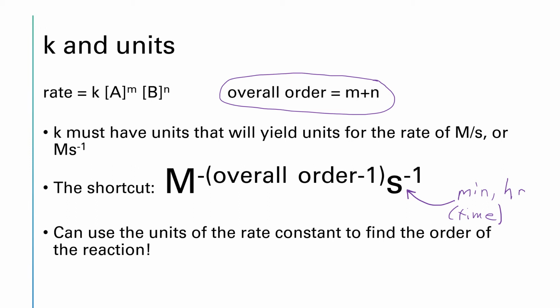So they expect you to use the units of the rate constant to figure out what the order is. So it might be an integrated rate law type problem where they're expecting you to do something with the 0, first, or second order integrated rate law, but they won't tell you it's first order. Instead they'll tell you that the rate constant is 0.5 per second. And from that, they expect you to be able to determine that's a first order reaction. Let's take a look at an example.